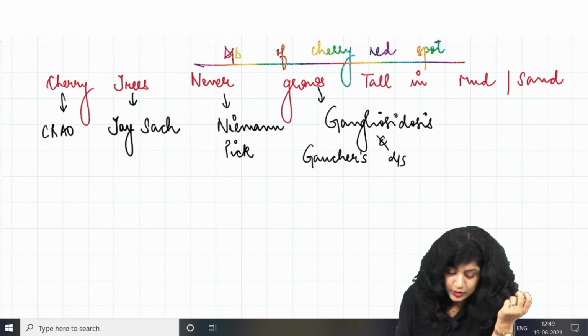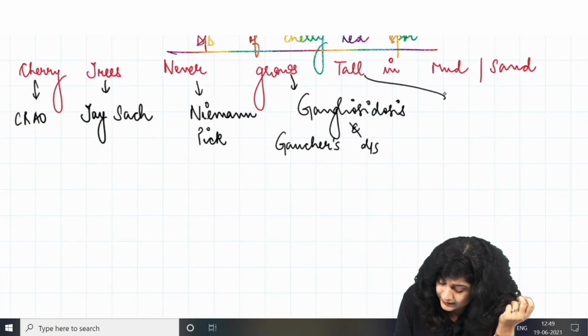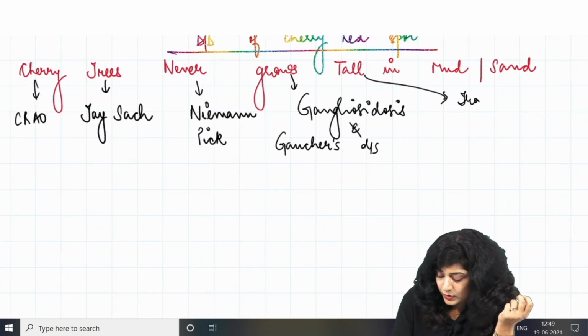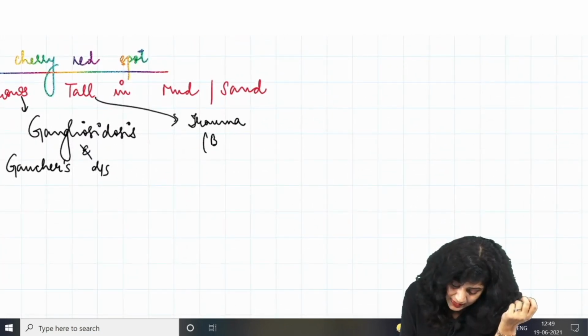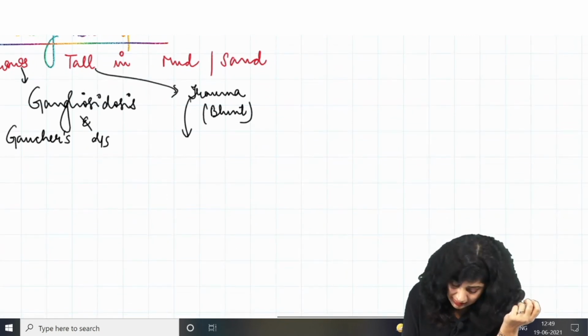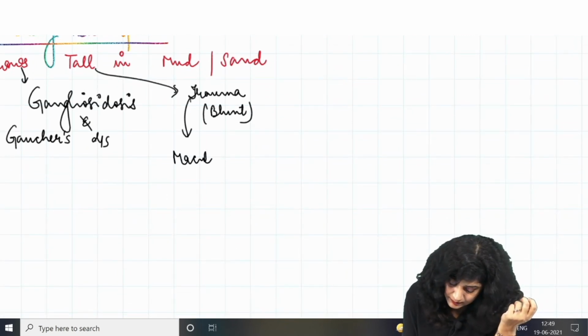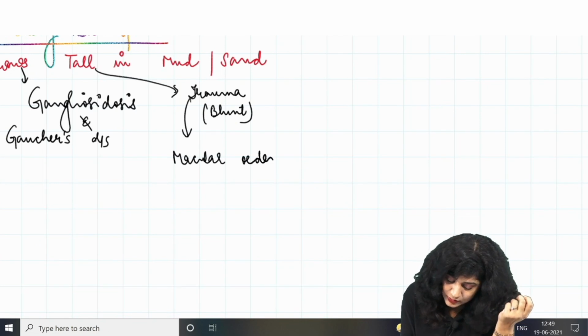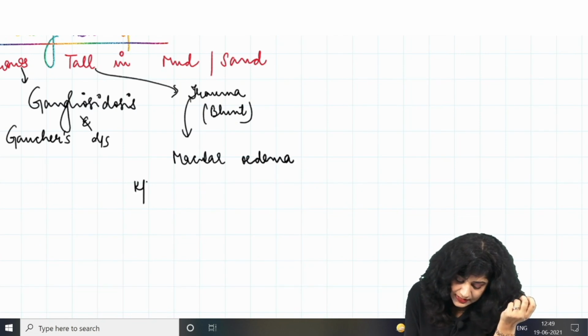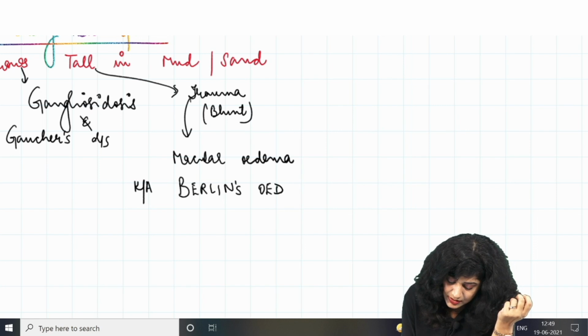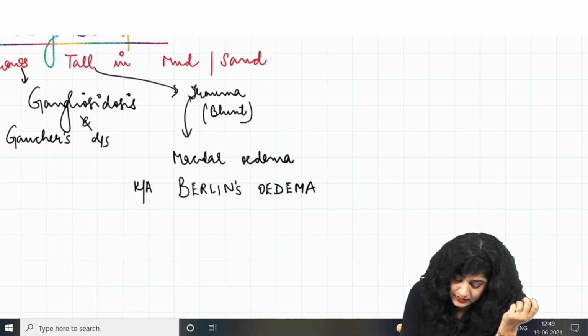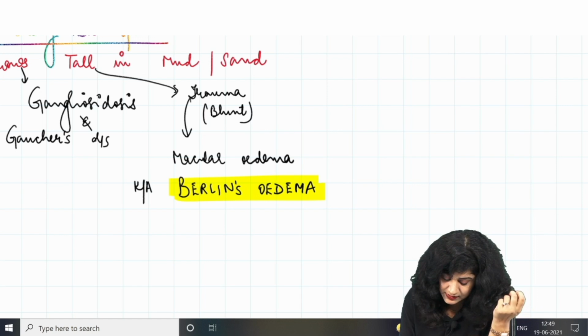Then we have T for trauma. Always remember, this is blunt trauma, and whenever we have blunt trauma, we can have macular edema. This is again an important question: this macular edema is called Berlin's edema, and Berlin's edema will also show you the cherry red spot.